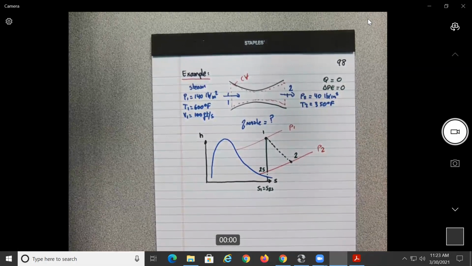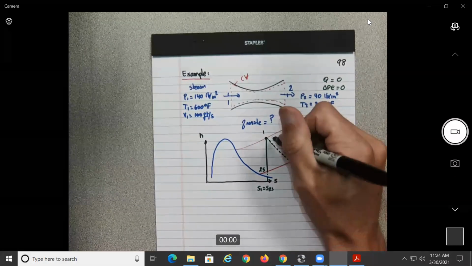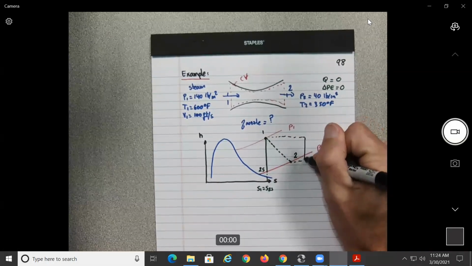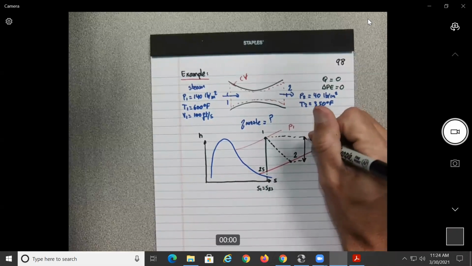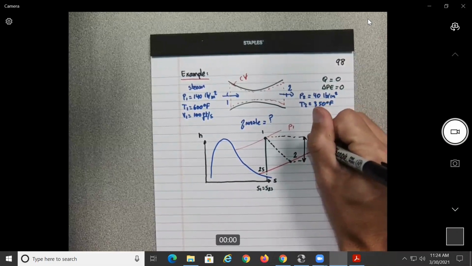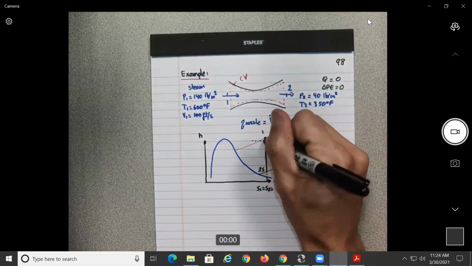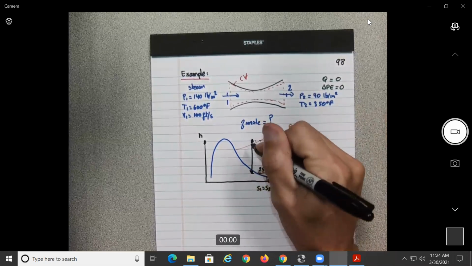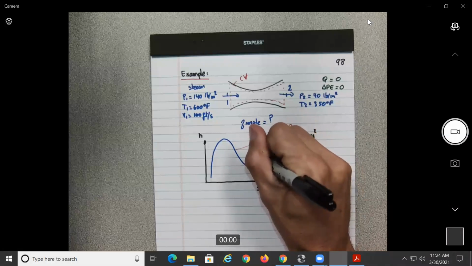Okay, and on the figure, I don't want to add too much, but we say that this change over here in height should be proportional to V2 squared over 2, and this one over here should be proportional to V2s squared over 2, okay?